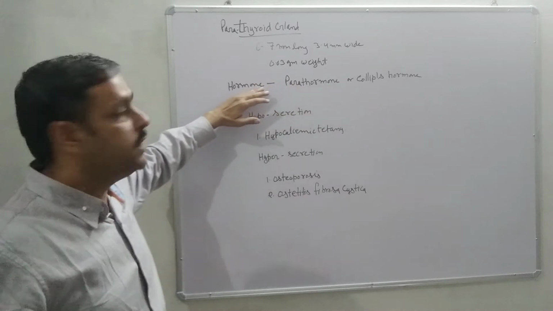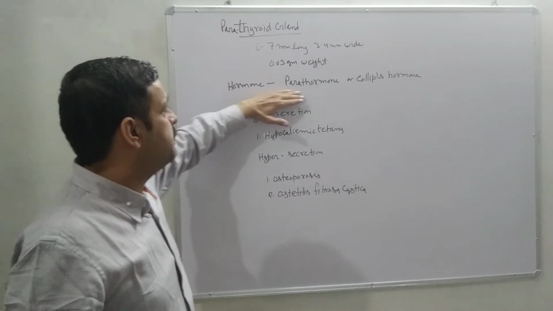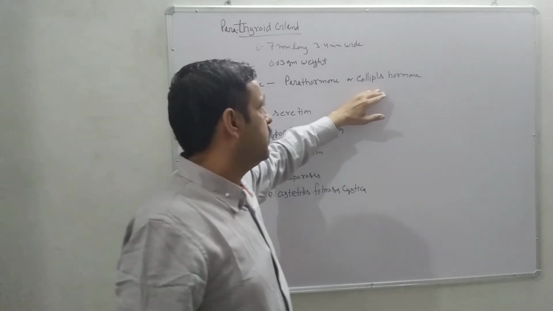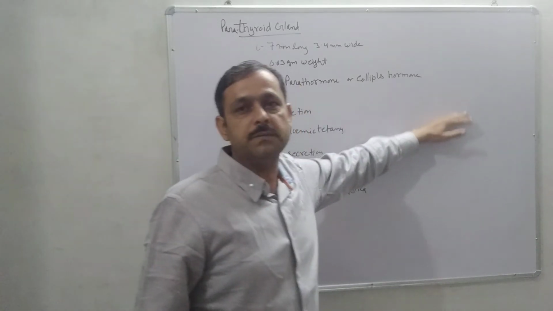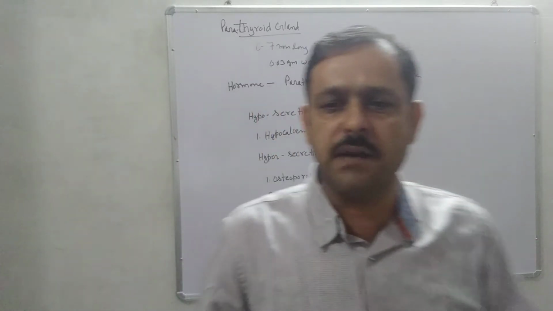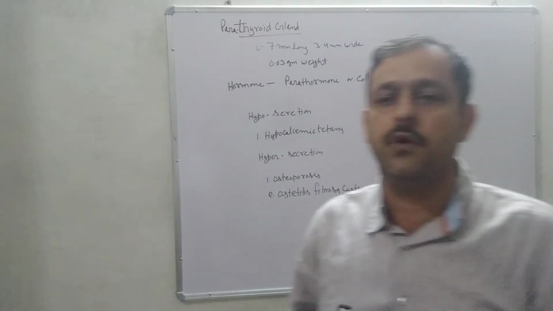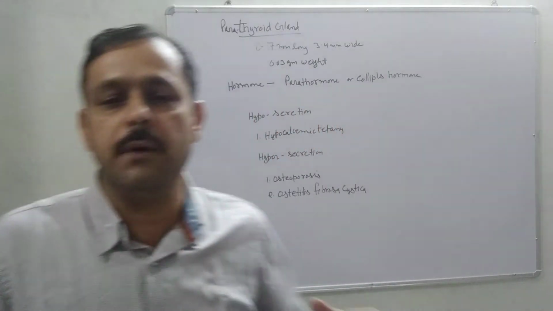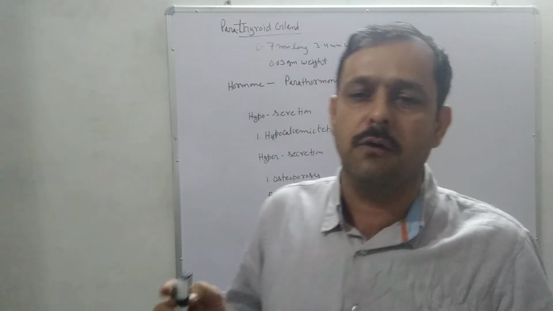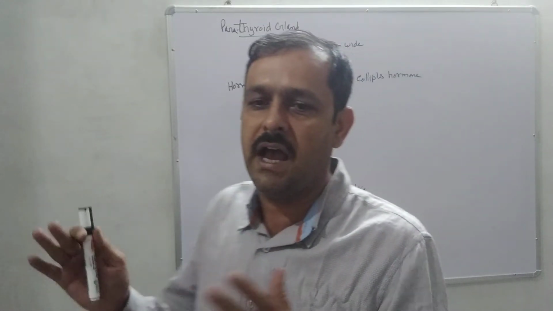And the hormone secreted by this gland is parathormone, or one scientist Collip discovered this hormone, so this is also called Collip's hormone. And the function of the hormone: this hormone increases excretion of phosphate and reabsorption of calcium by kidneys and intestine. It regulates calcium and phosphate ions in blood.